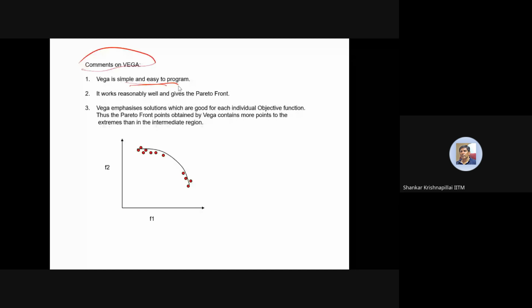But VEGA emphasizes solutions which are good for each individual objective function. So the Pareto front points obtained by VEGA contain more points at the extremes than in the intermediate region. So there will be fewer points in the middle of the Pareto front.